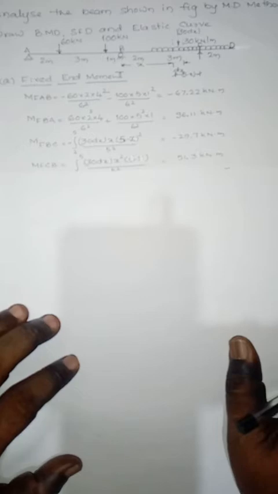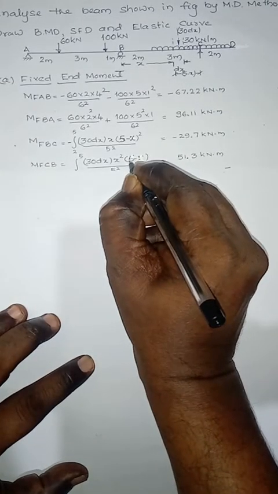If we integrate and simplify that, you will get the final fixed end moment as minus 29.6 kilonewton meter.